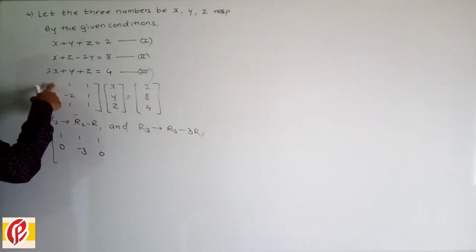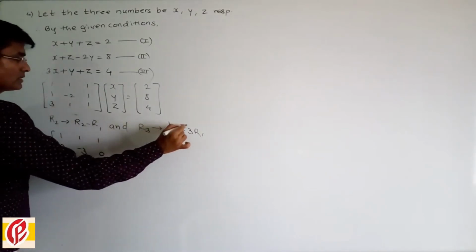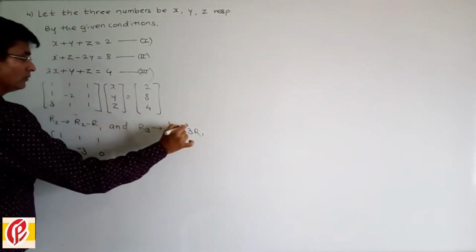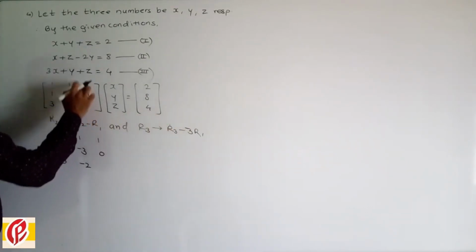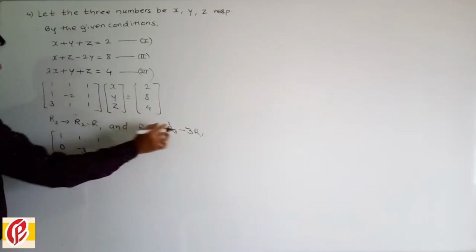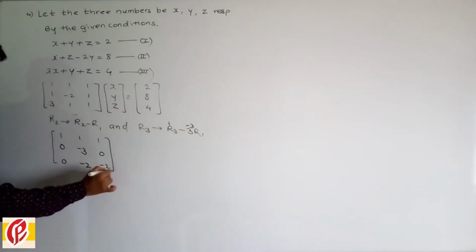So 3 minus 3 times 1 is 0, then 1 minus 3 is minus 2, and next 1 minus 3 is also minus 2.